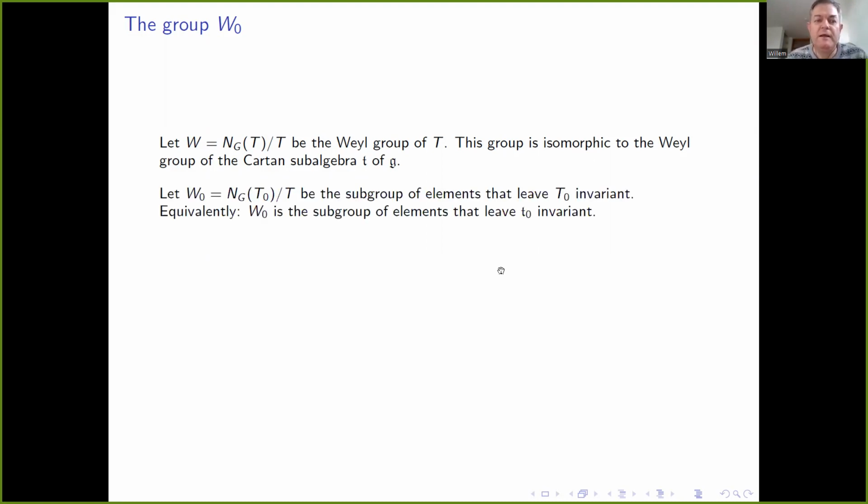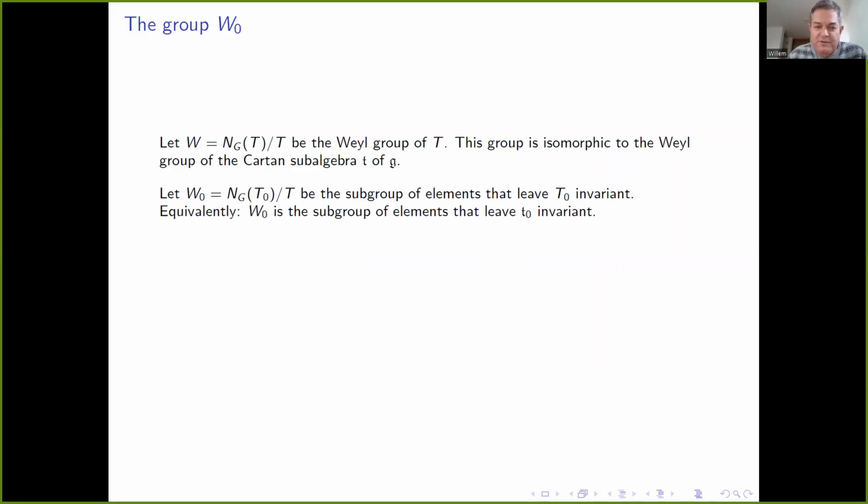Okay. And now we take the subgroup W0, which is the normalizer of T0 modulo T, which is the subgroup of W that consists of elements that leave this T0 invariant, or equivalently of elements that leave little t0, the Cartan subalgebra, invariant.